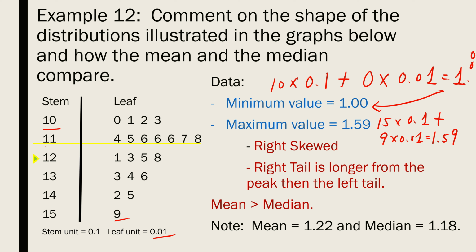This stem and leaf plot is right skewed. As we can see, this should be the peak, and this part is what we call the right tail. The right tail is longer from the peak than the left tail.